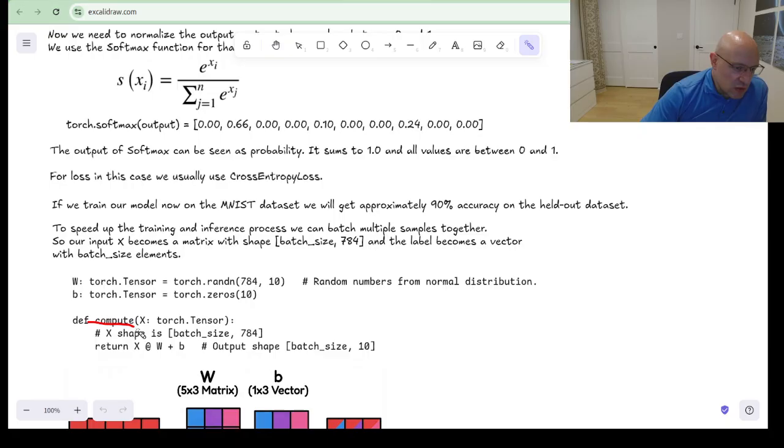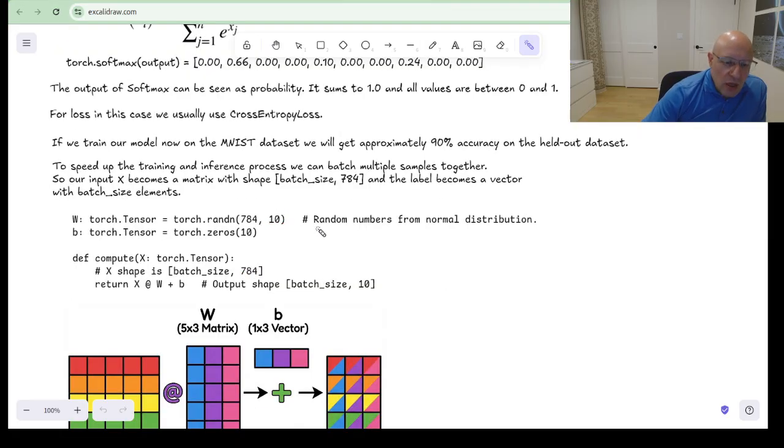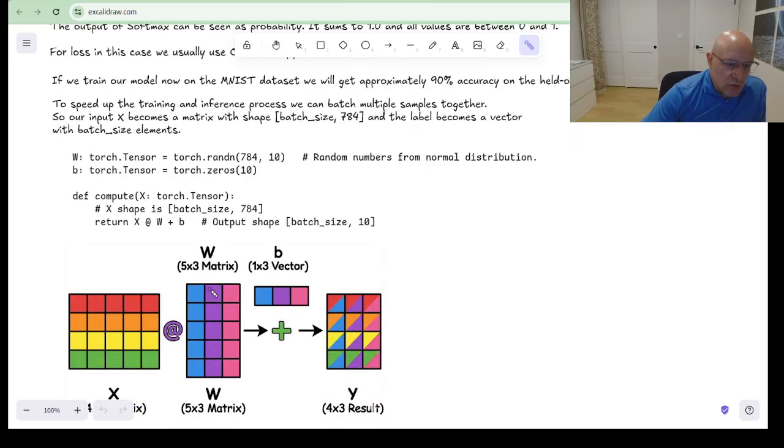And we put in this compute function, which is still exactly the same dot product operator. It's a matrix multiply in this case, because the shape of X is batch size by 784, and the size of W is 784 by 10. And the result will be a vector of 10 numbers.